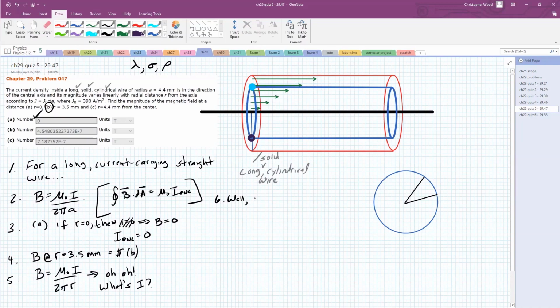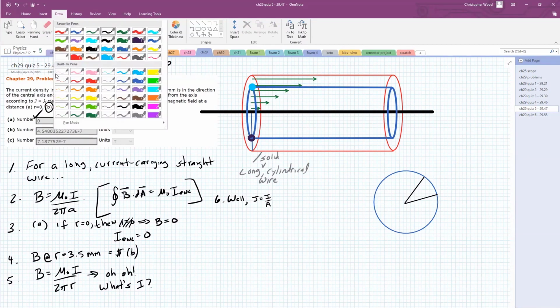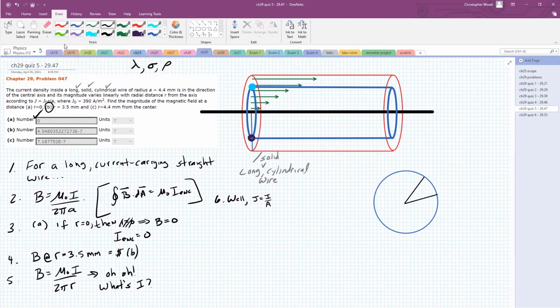In this case, J is the current density, current per cross-sectional area, the current going through that cross-sectional area. And I better differentiate this expression because I have a function. I don't have uniform current density, as indicated right here.